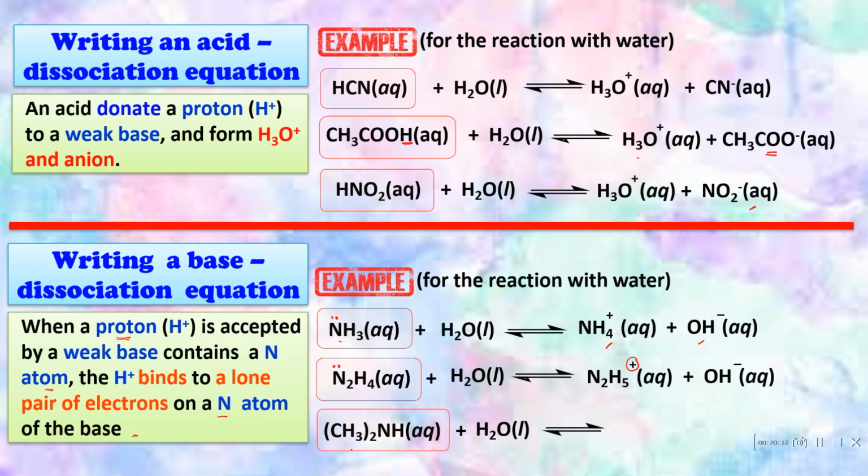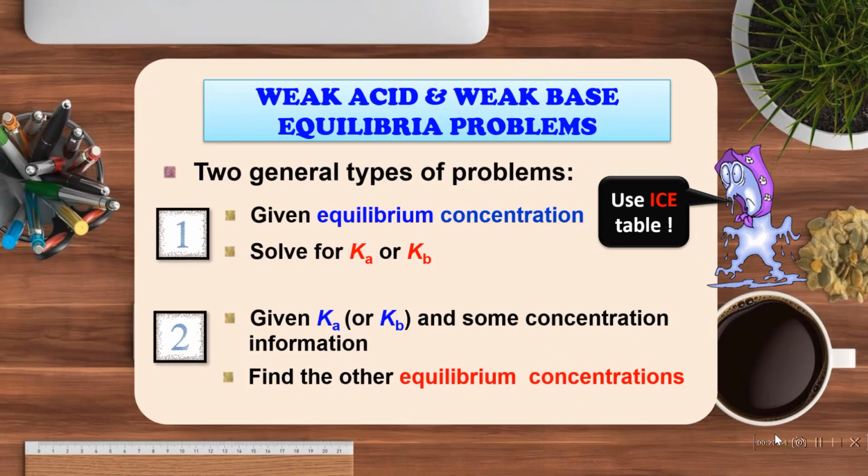So for this example number 3, focus on nitrogen. Nitrogen here has a lone pair, accepts a proton from H2O, the number of H attached to nitrogen increases and becomes 2, the charge is positive, and it produces OH minus ion.